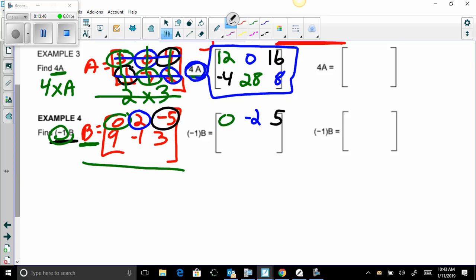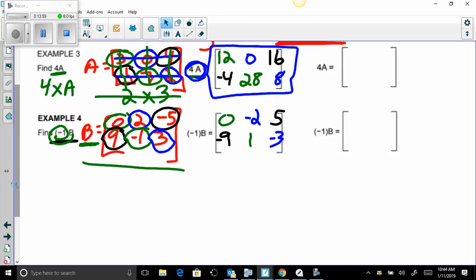A negative times a negative is a positive. Negative 1 times 9 is negative 9. Negative 1 times negative 1. A negative times a negative is a positive. And last but not least, negative 1 times 3, which gives me negative 3. I have successfully multiplied that real number, negative 1, by matrix B to get this matrix as my answer.